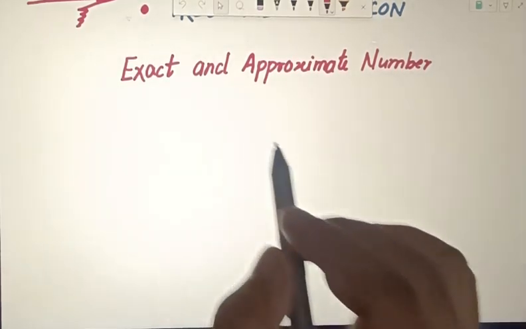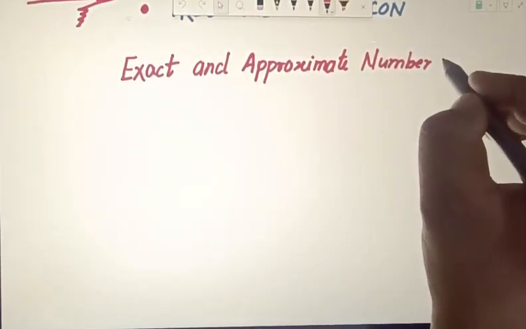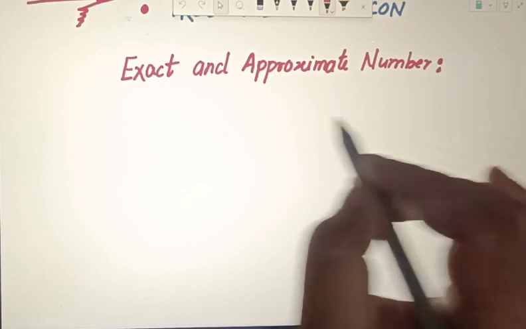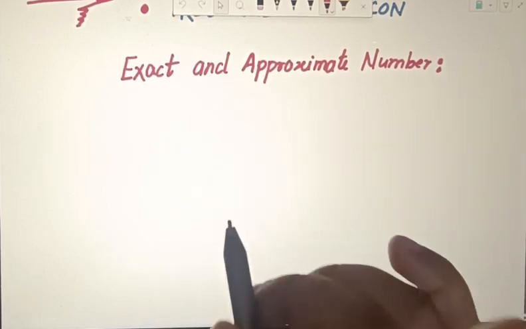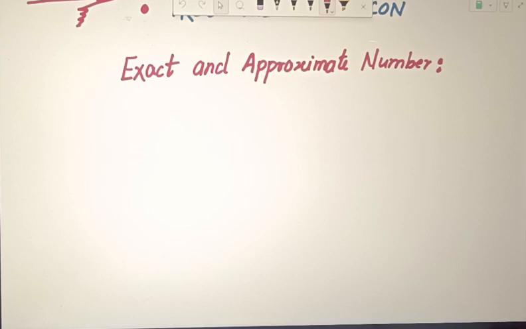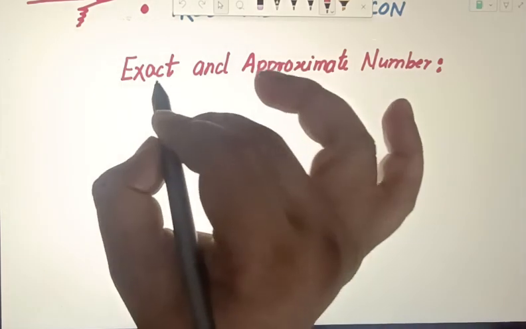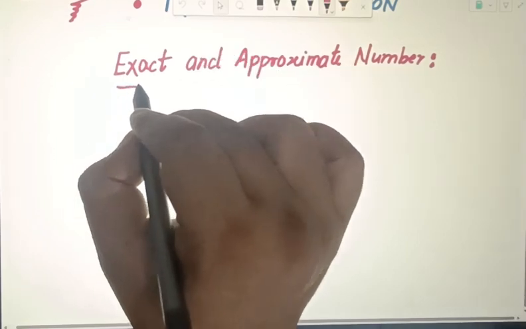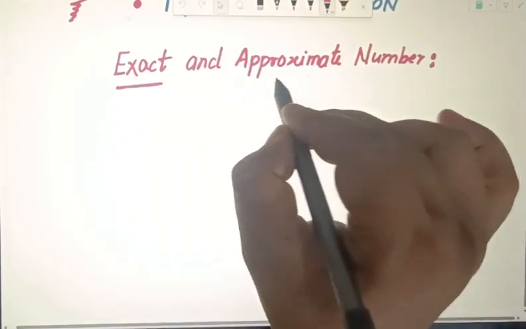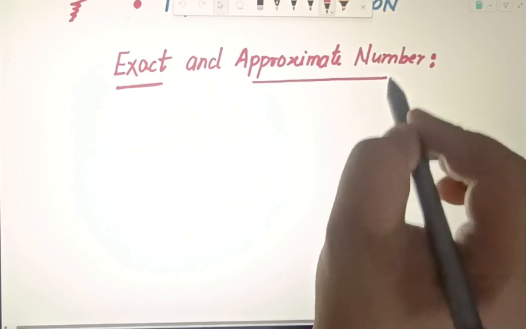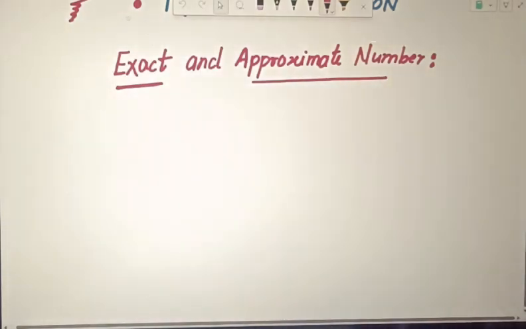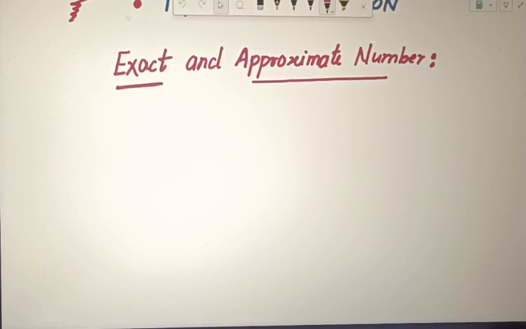As we know, in the number system, there are two types of numbers involved to represent the complete mechanics of the number system: number one, exact, and second, approximate numbers. Remember this point: two kinds of numbers, exact numbers and approximate numbers.